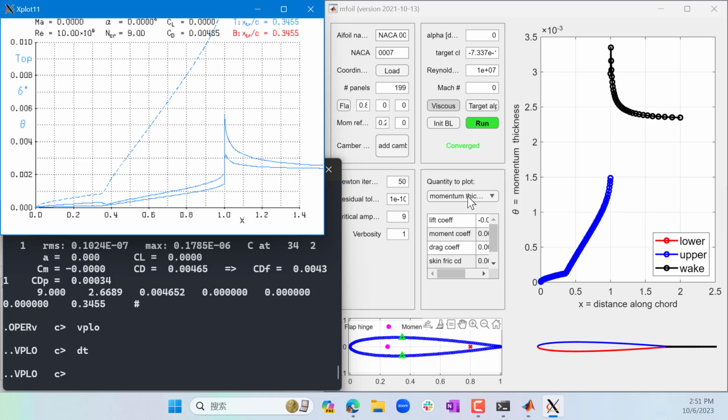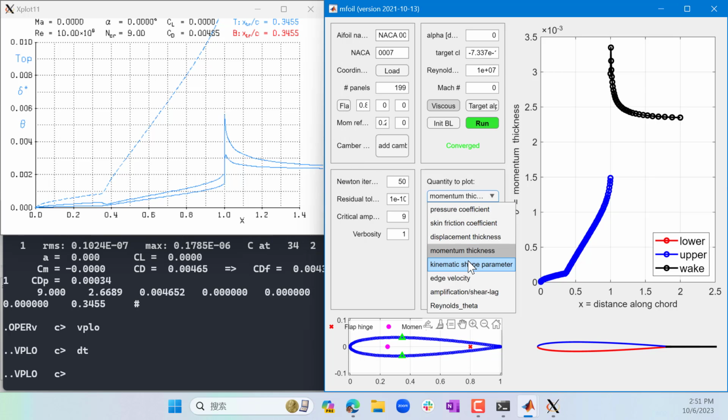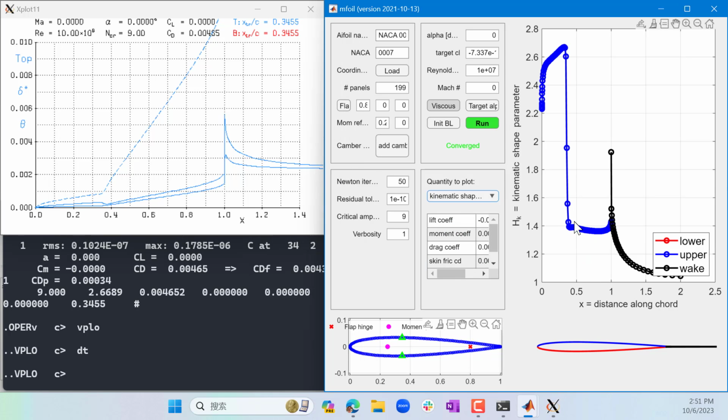That makes the shape factor for turbulent boundary layer a lot lower than the shape factor for laminar boundary layers, right? So for laminar boundary layers, the displacement thickness is more than twice as thick as momentum thickness, and for turbulent boundary layers, the displacement thickness is only something like less than 40% higher.